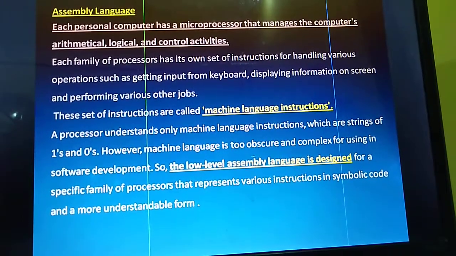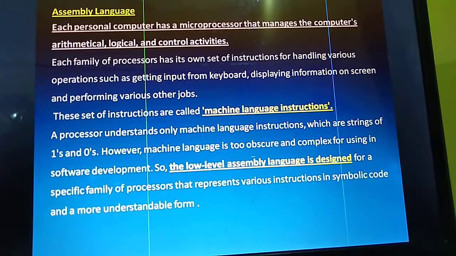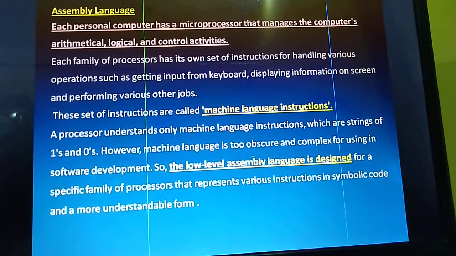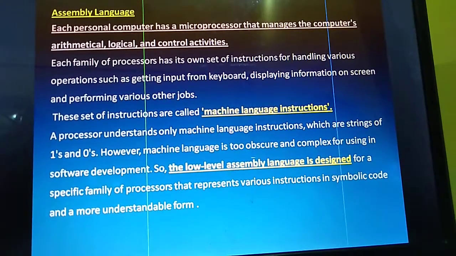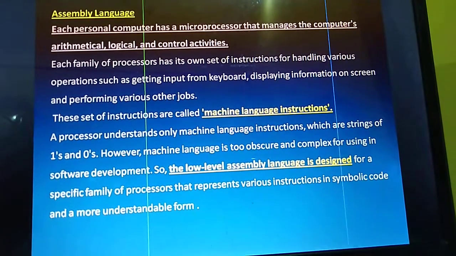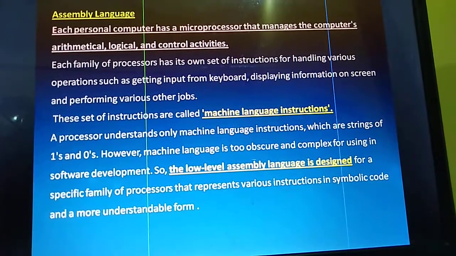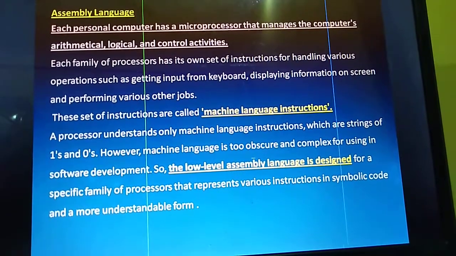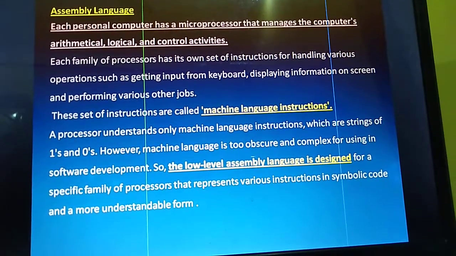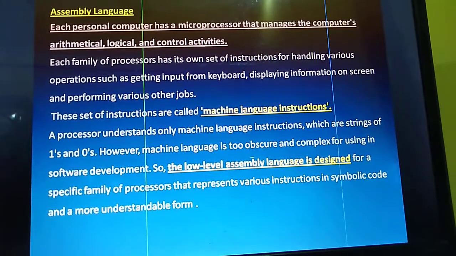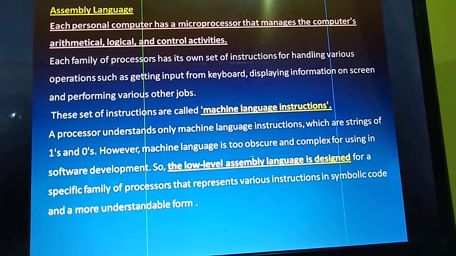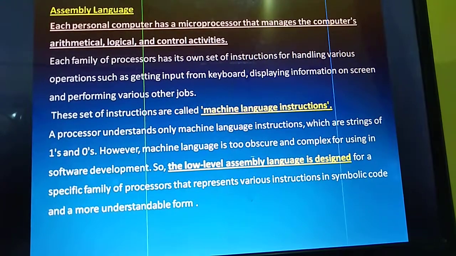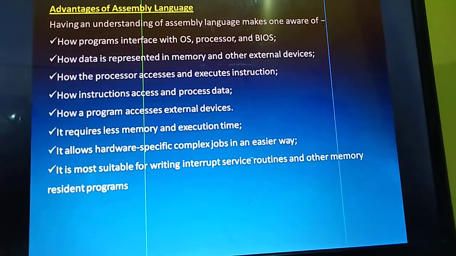It is designed simply to perform such a task, and it is symbolic code in a more understandable form. What is symbolic code? It means some instructions are written in English, very easy to remember and recall, and easier even as compared to machine language.